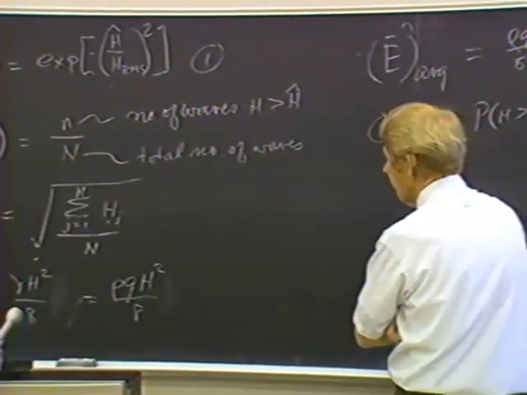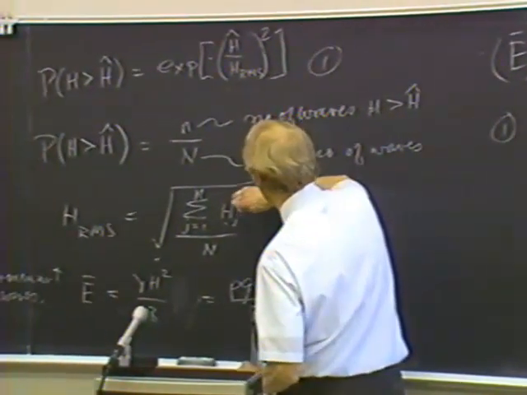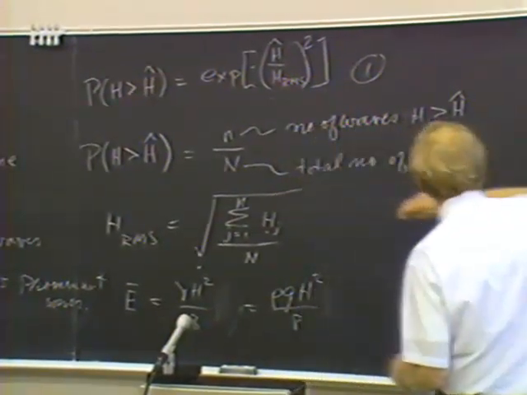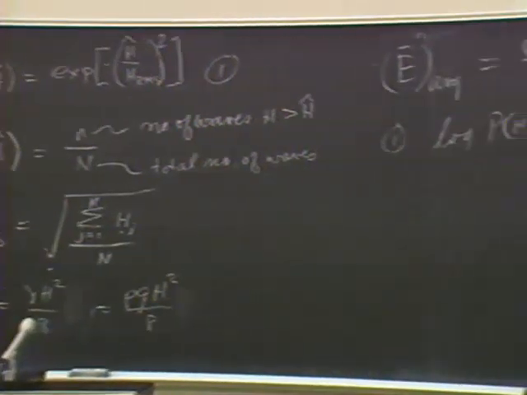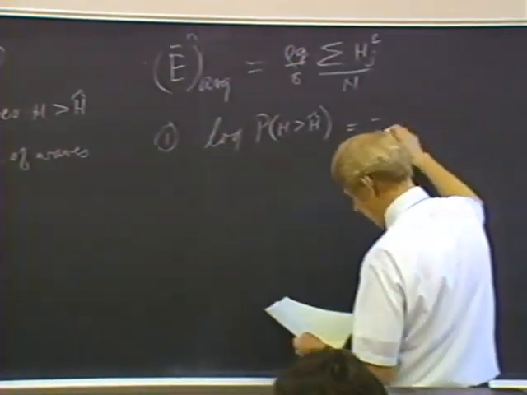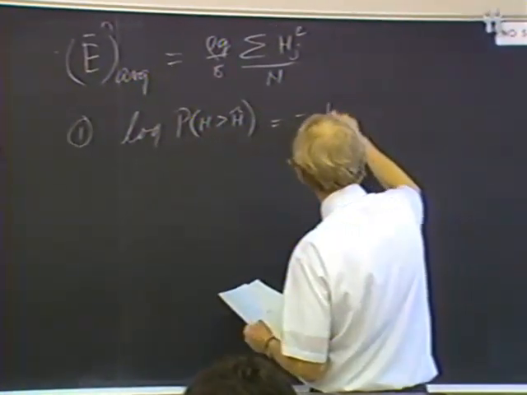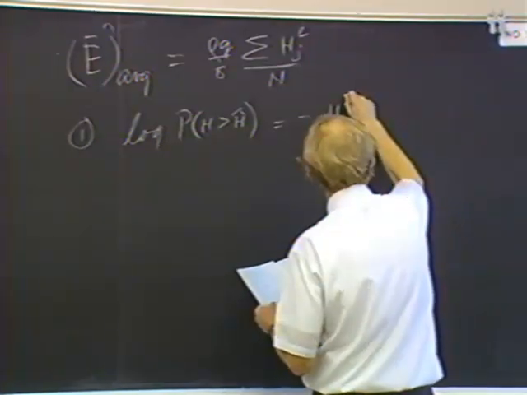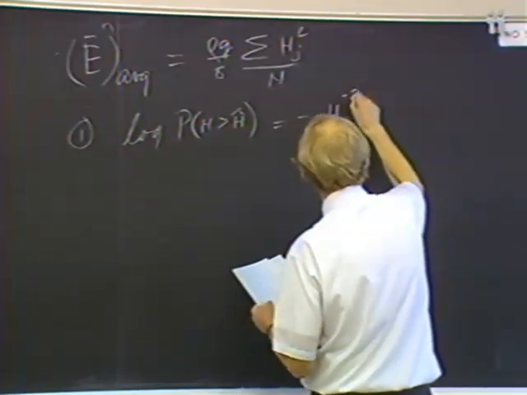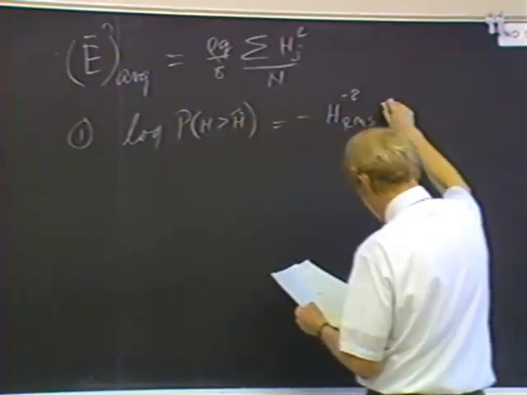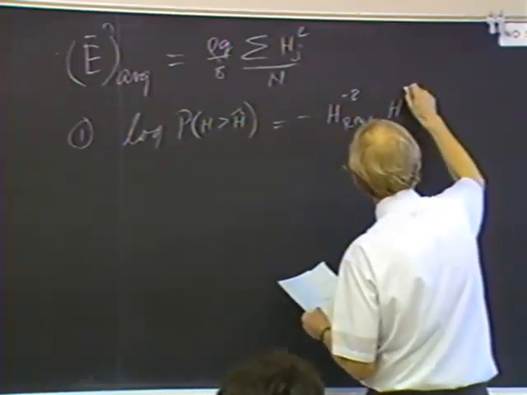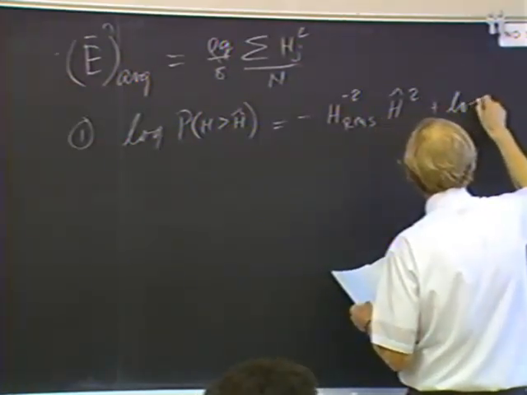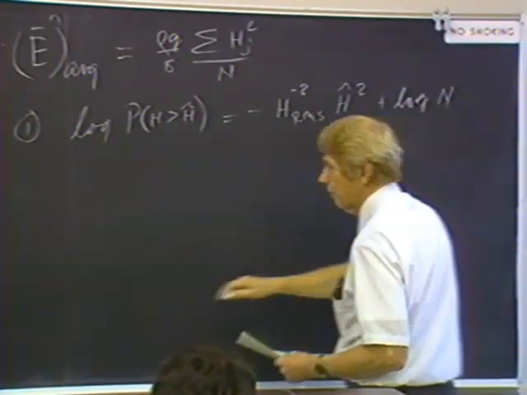If I combine this one and this one, substitute this for HRMS and rearrange the logarithms, then I have minus (H/HRMS) squared minus Q times H hat squared plus log n from the end down here.